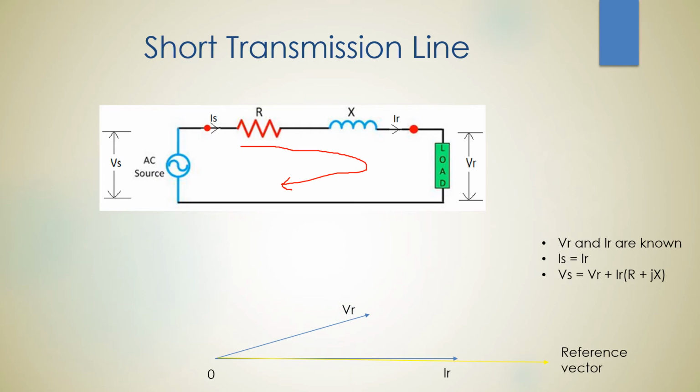So that's why my VR is shown leading to IR, correct? The angle between IR and VR is known as phi R, which is the receiving end power factor angle.